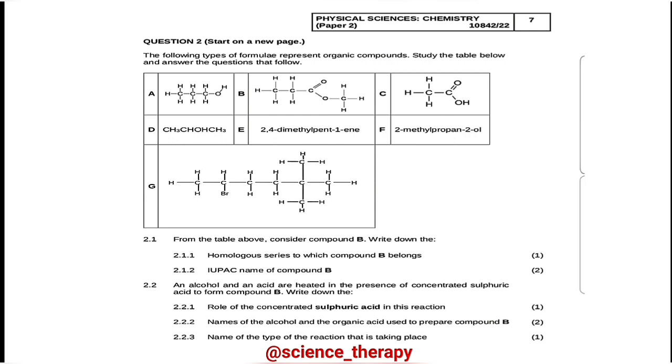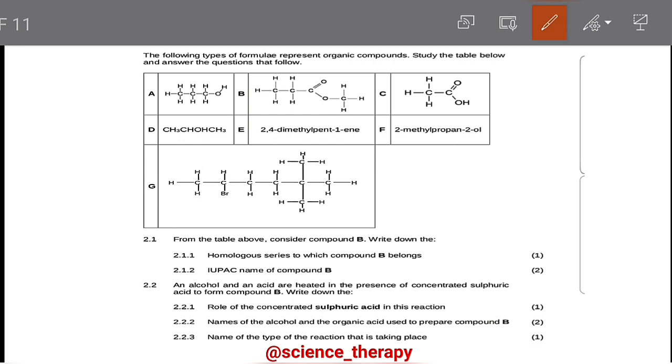Now coming back to the approach, let's name the homologous series of each and every organic compound that we see here. So the OH, the hydroxyl group here, is telling us that this belongs in the alcohols, right?